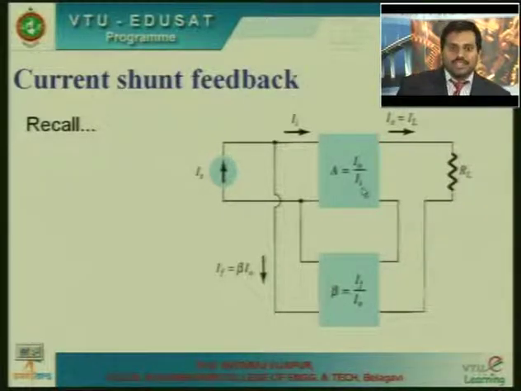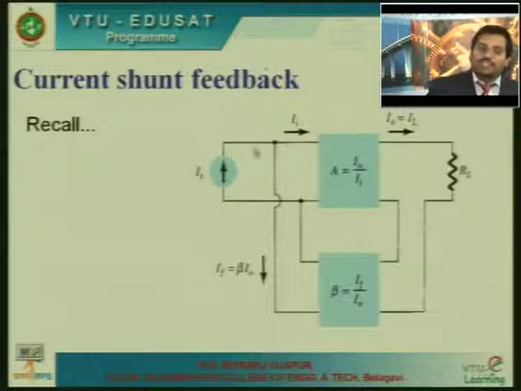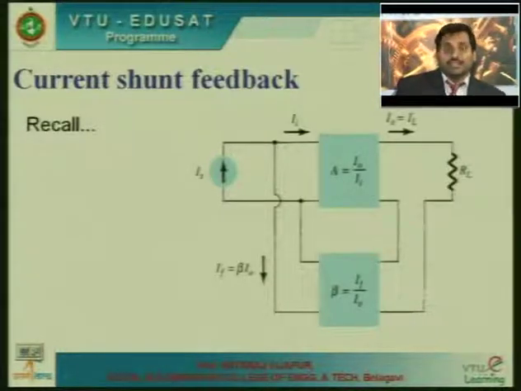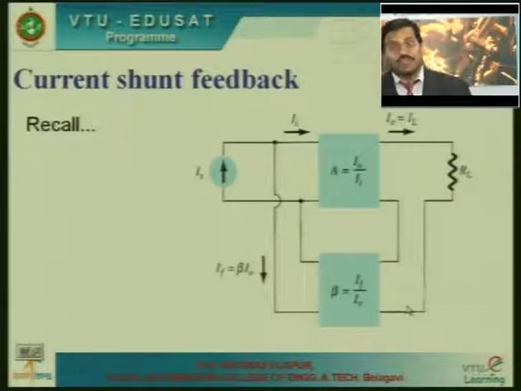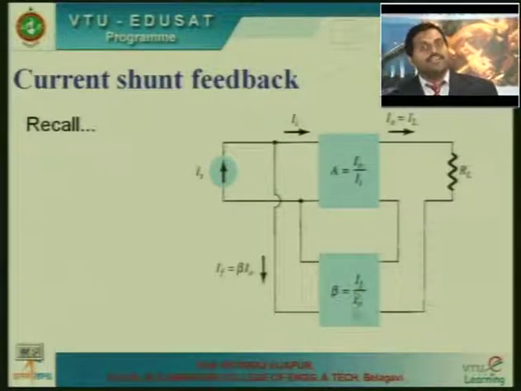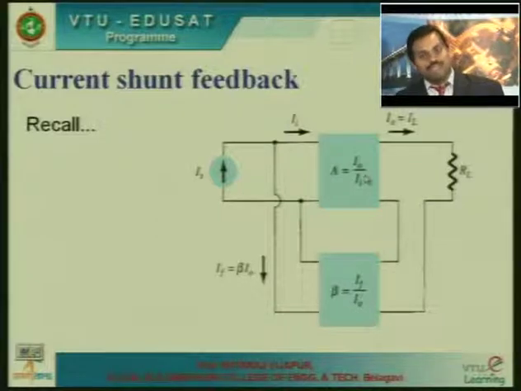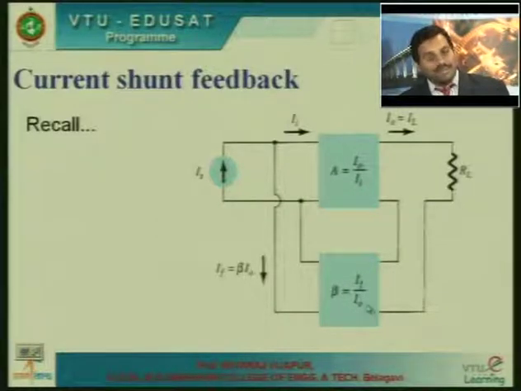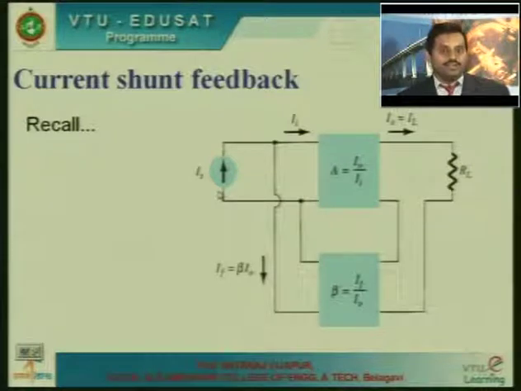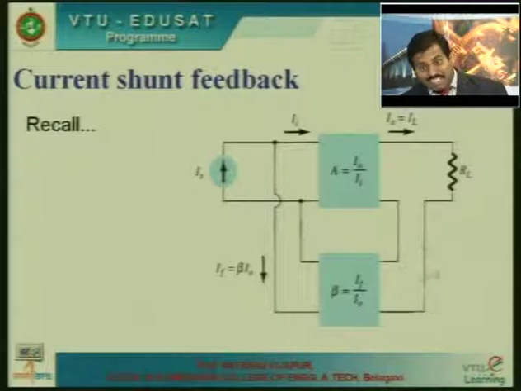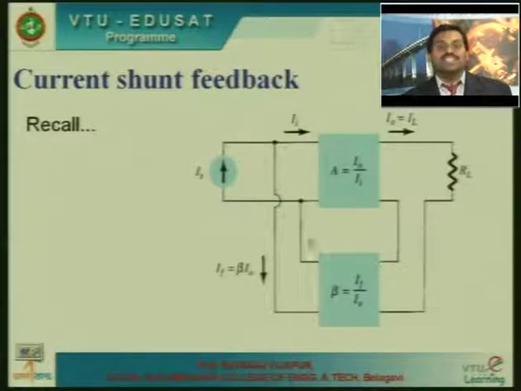So here the input source is replaced by the current source Is, the open loop gain A is equal to I naught by Ii, feedback network beta is equal to IF by I naught here. So the amplifier is there, feedback network is there, and a current source is there. So the output current is tapped in series and it is mixed in parallel with the input current source.